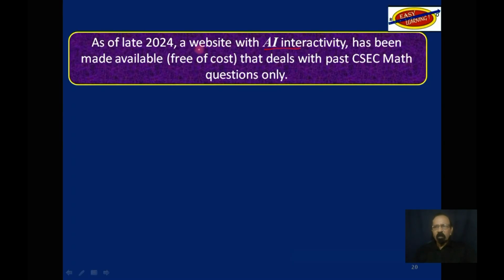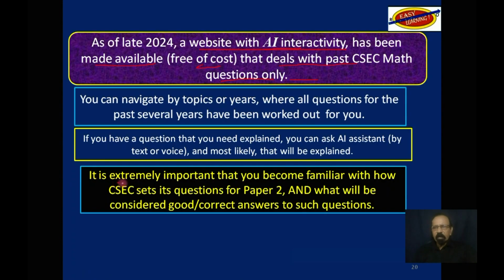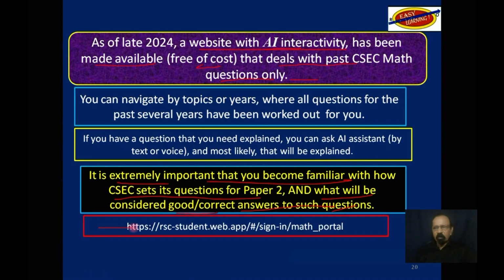Also, there is a website with AI interactivity that has been made available free of cost that deals with past CSEC math questions only, specifically from paper 2. It is extremely important that you become familiar with how CSEC sets its questions for paper 2 and what will be considered good or correct answers to such questions. This is the URL for that website.